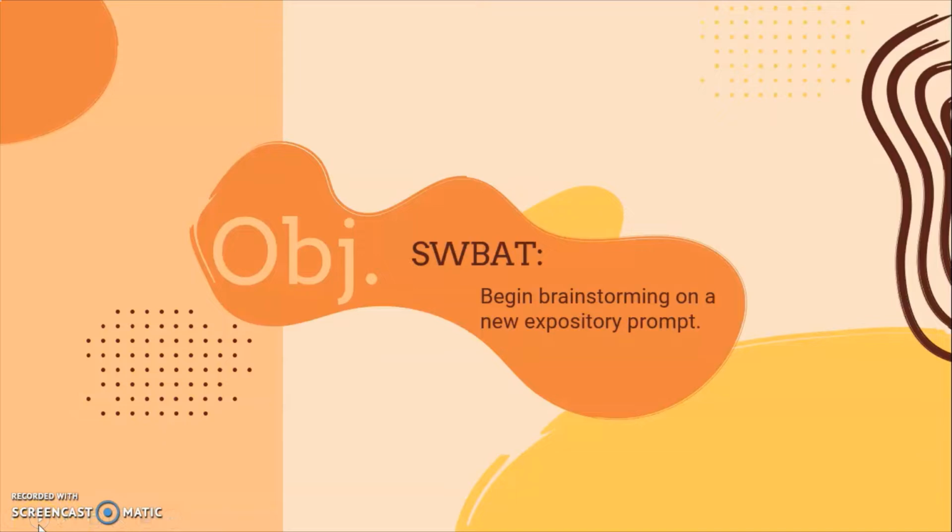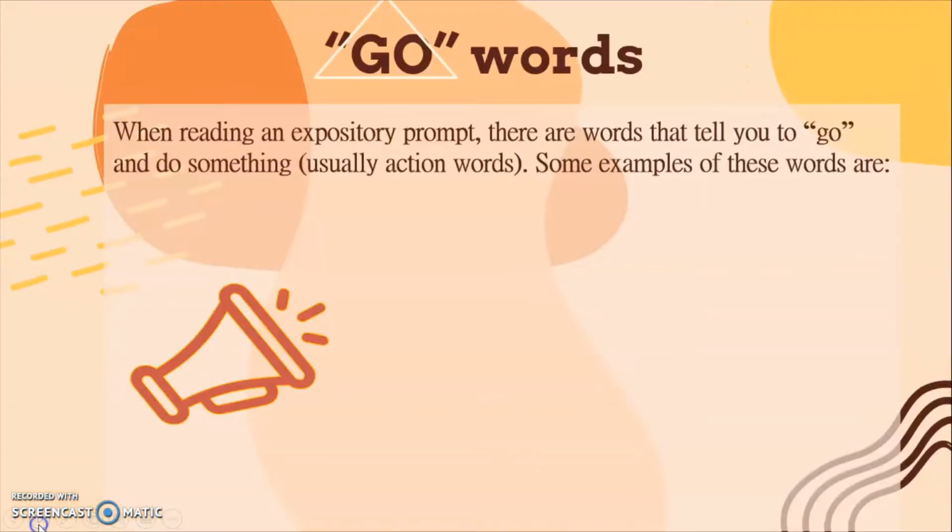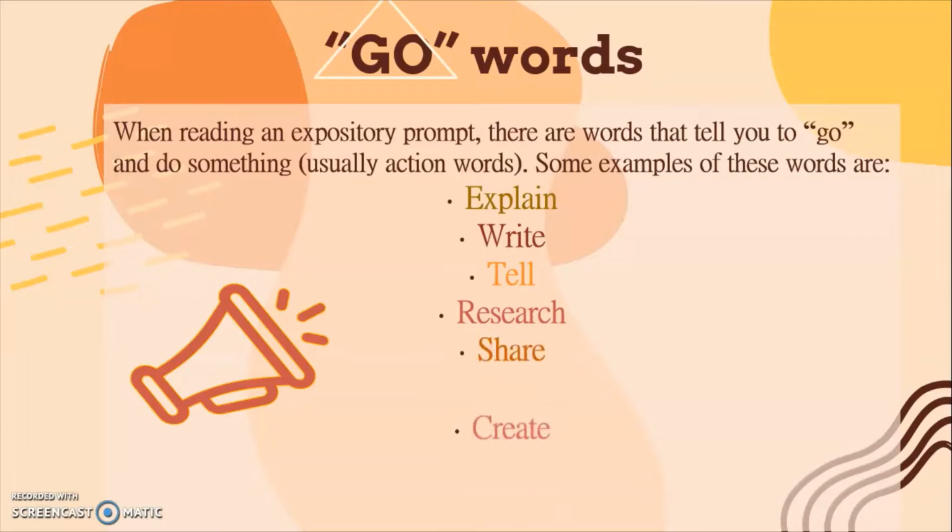We will be brainstorming. Now, before we get into shaping the prompt, let's go ahead and refresh our memory of what Go words mean. When we are reading an expository prompt, there are some words that tell us to go and do something. They're usually action words. And some of these can be explain, write, tell, research, share, create, express, inform, and describe. So if you notice, these are all things that you can add ing to.